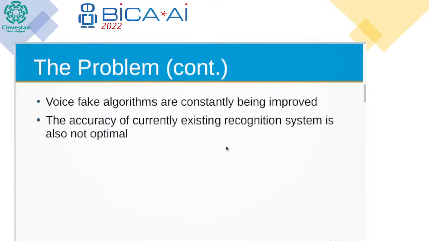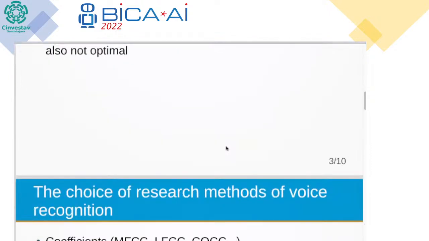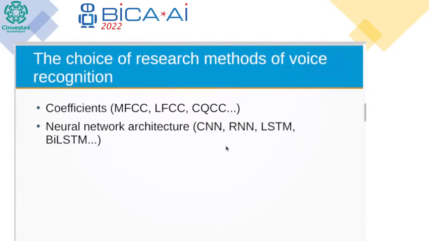So how to recognize synthesized speech? There are two stages in the choice of research methods of voice recognition. The first stage is the analysis of the audio recordings for their further verification.